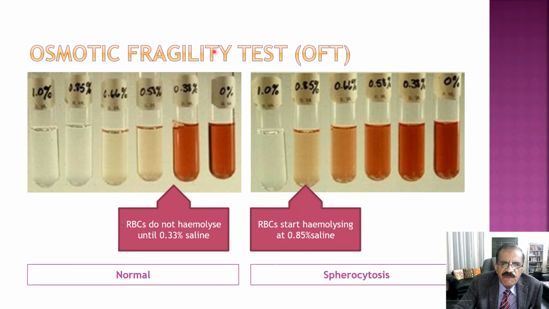In a patient with spherocytosis, when these RBCs are exposed to even 0.85%, which is very close to normal saline, these cells tend to hemolyze.